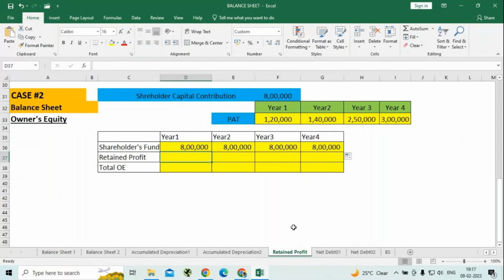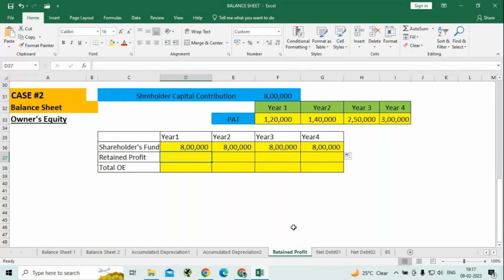So can anyone try to let me know what would be the retained profit? Even if it is wrong, it's okay.